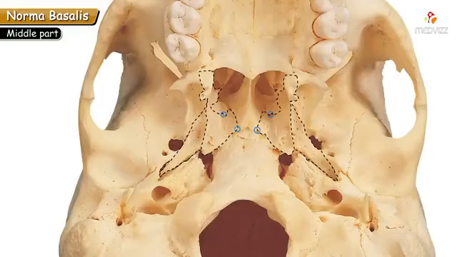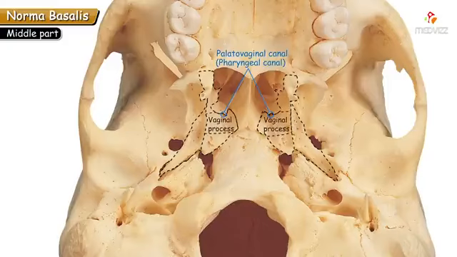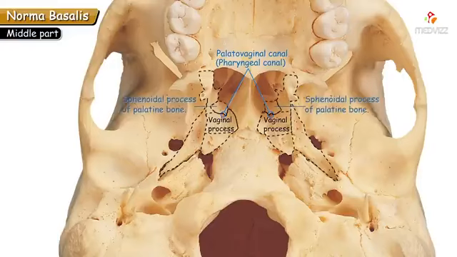The anterior one is the palatino-vaginal canal or pharyngeal canal, and the vomerovaginal canal, which is also a tiny foramen, lies a little posterior to the pharyngeal canal. Let's see the palatino-vaginal canal or pharyngeal canal. This canal is present between the vaginal process of medial pterygoid plate and sphenoidal process of palatine bone. So, we can see a gap between them.